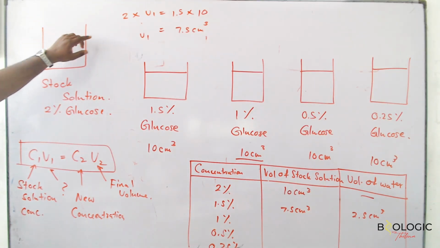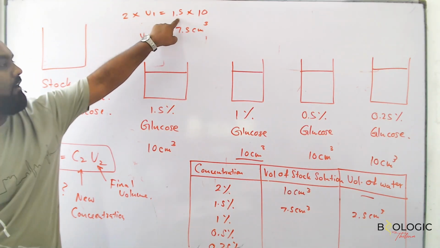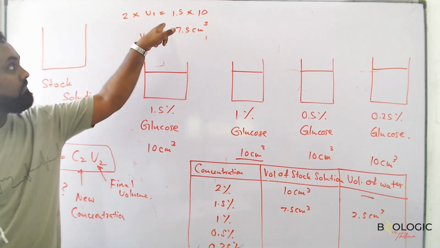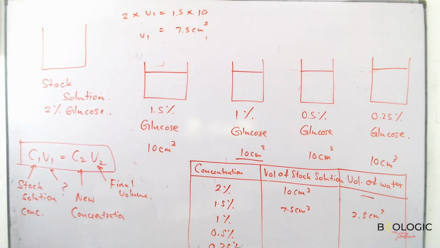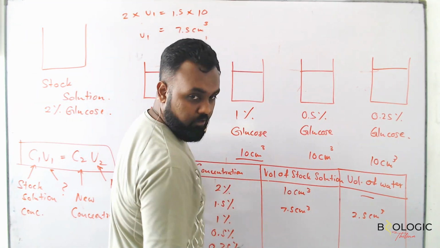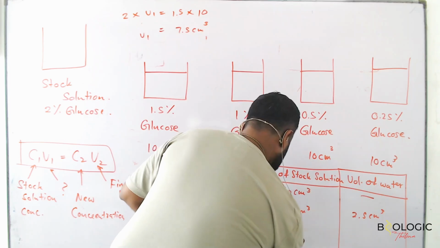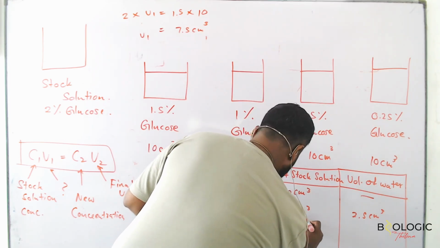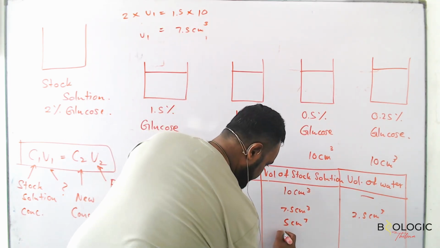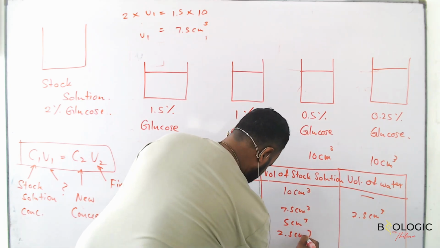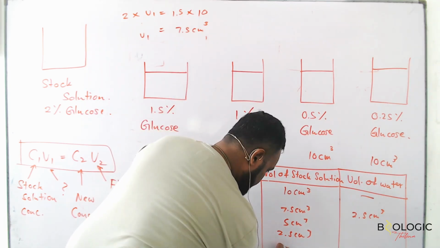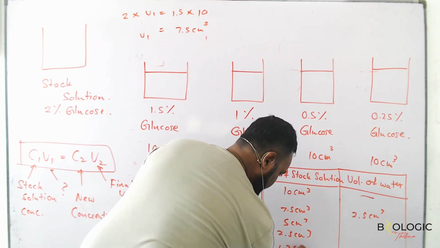Apply to this one. Now see this part never change, only one instead of 1.5, now it is 1 and 10. Right? So here 5 cubic centimeter, other one 2.5. Then this one 1.25, very small value.